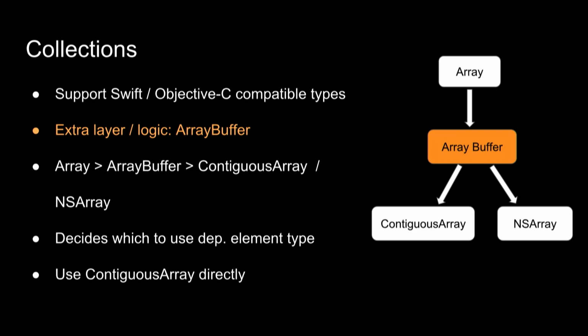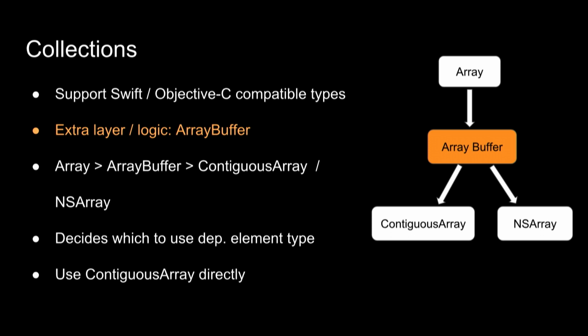Swift standard library APIs, which support both Swift and Objective-C features, are very useful. But it can also increase code size. For example, array in this diagram has an extra layer called the array buffer, which handles both Swift and Objective-C memory management. It decides whether to use a contiguous array, which is a pure Swift array, or an Objective-C NSArray, depending on the type of the elements contained in the array.